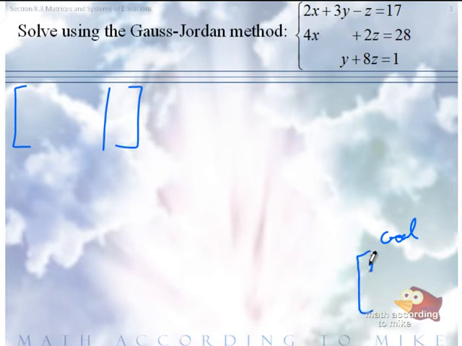The goal's the same. Ones on the diagonals, zeros everywhere else. What's the first row?